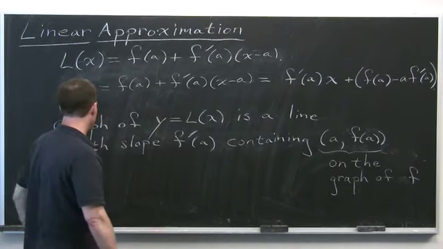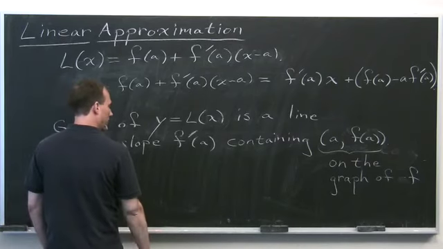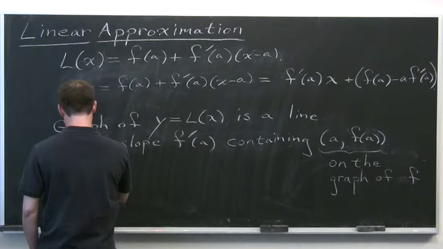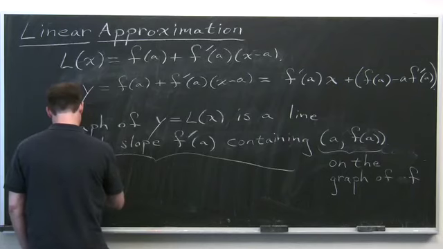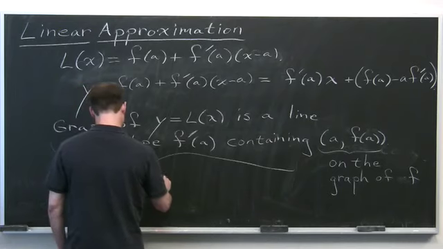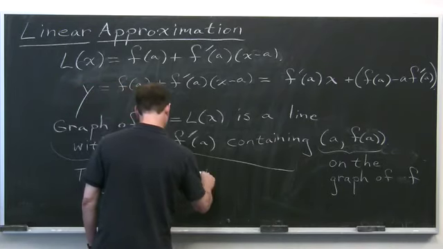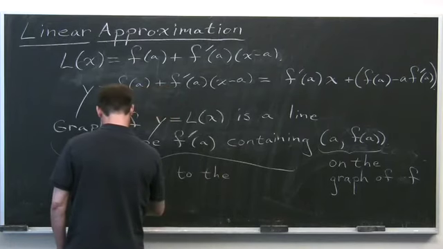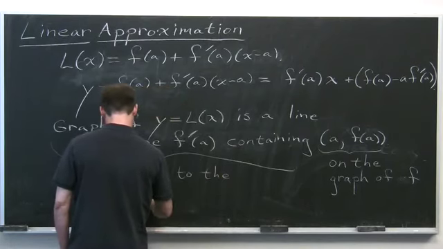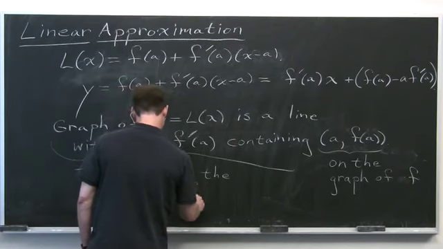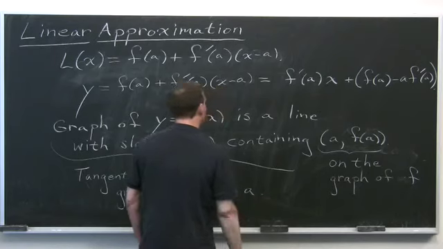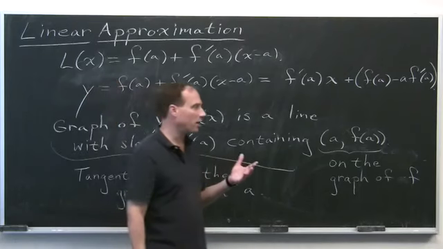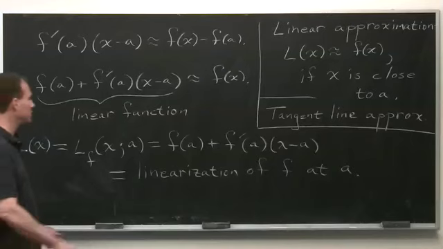That was the definition of the tangent line to the graph of f at x equals a. So this is the tangent line to the graph of f at a.